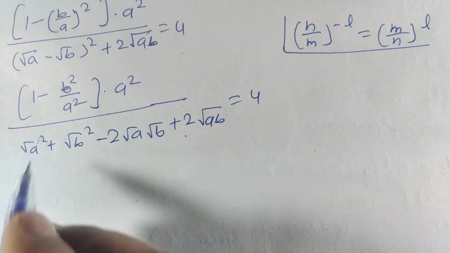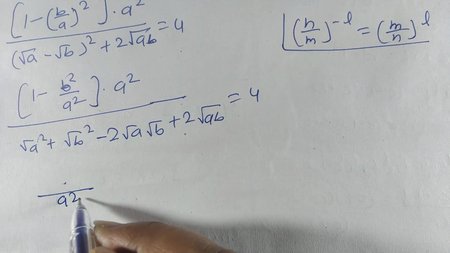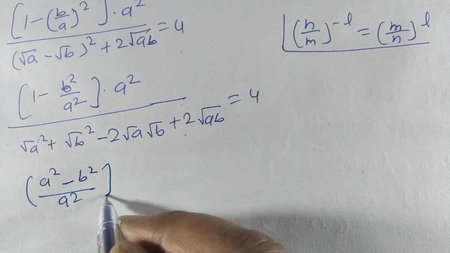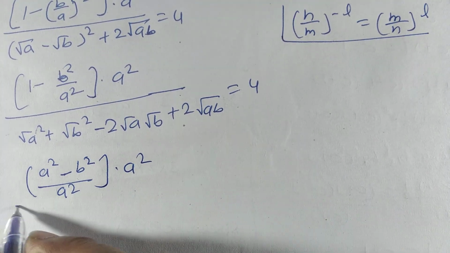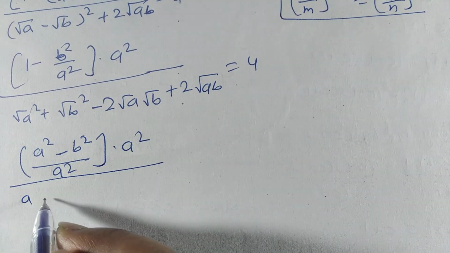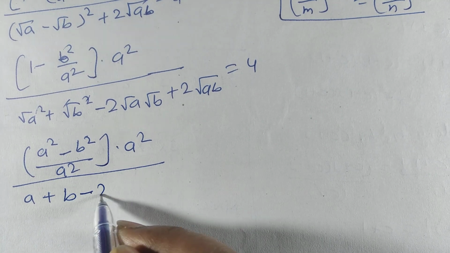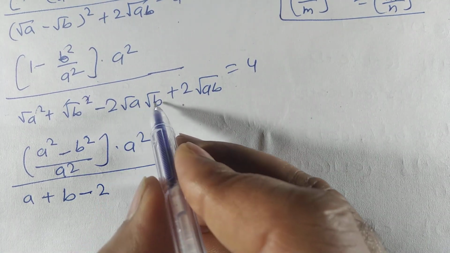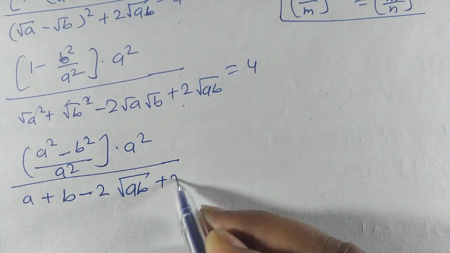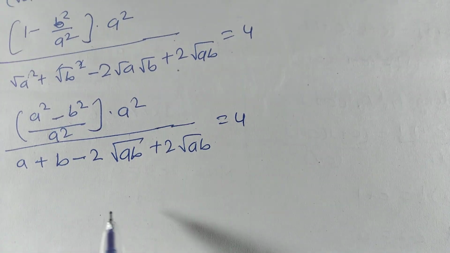Let's take an LCM. In the numerator, a² − b², into a² over, this square and this square root will be removed, a plus b minus 2√a√b, it can be written as √(ab), plus 2√(ab) = 4.